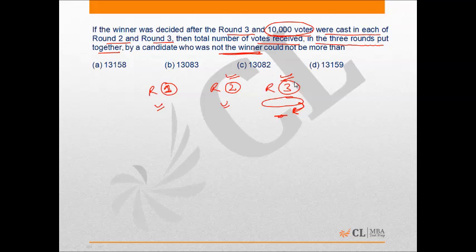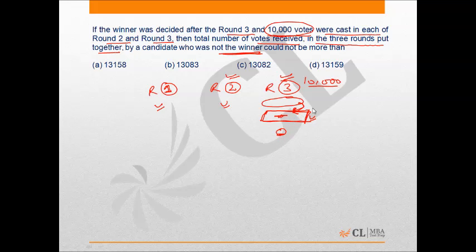So I will split this 10,000 in round 3 such that this second candidate will get the maximum possible number of votes. In order to maximize this value, I will give 0 votes to the third candidate, because there are 3 candidates contested in round 3.